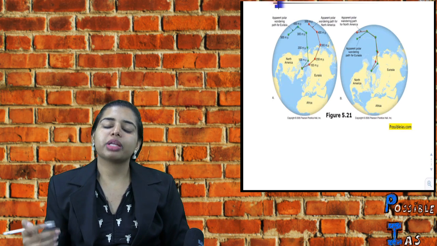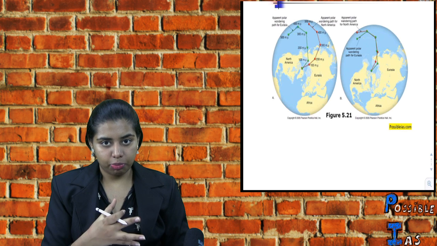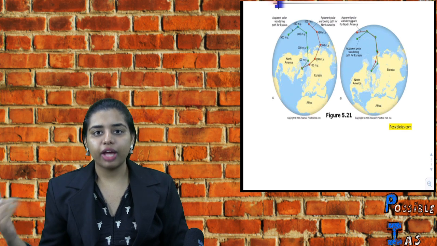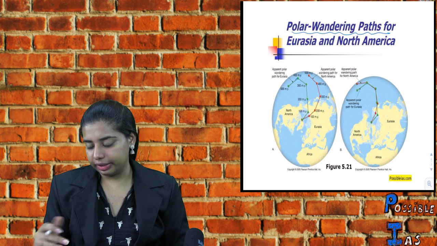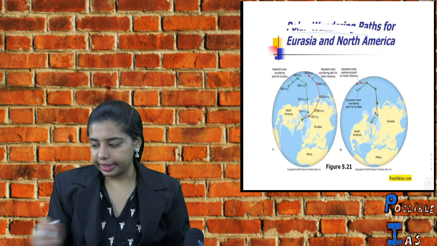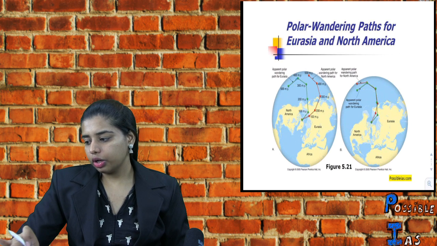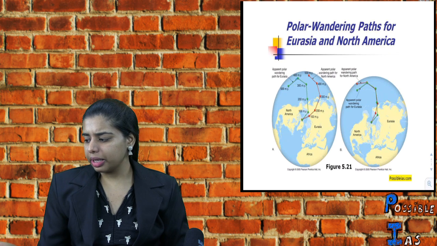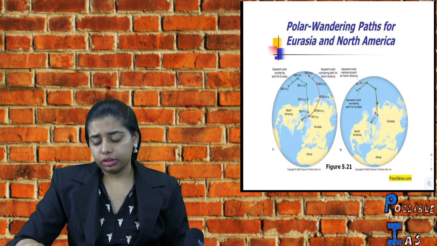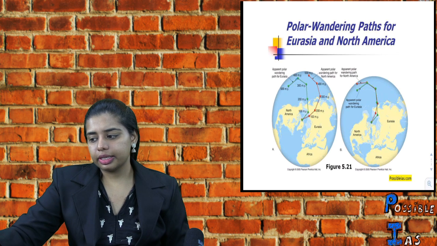And this formed the evidence for both the plate tectonics theory as well as the continental drift hypothesis given by Alfred Wegener. So this was the second evidence which was given, and it was one of the major evidences.